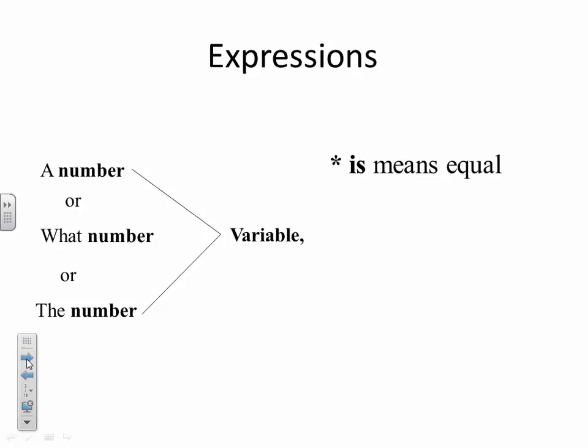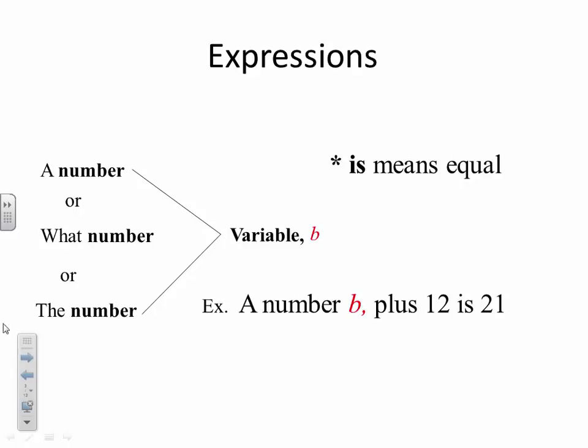A couple of outside things that we don't always appreciate. Is means equal. 2 plus 2 equals 4. Well, 2 plus 2 is 4. That is means we're going to have an answer that's going to equal something. So here's an example. Here's our sentence. It says a number B, they're giving you B to use. A number B plus 12 is 21.